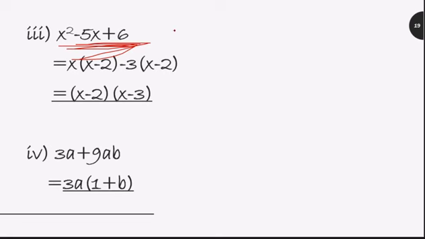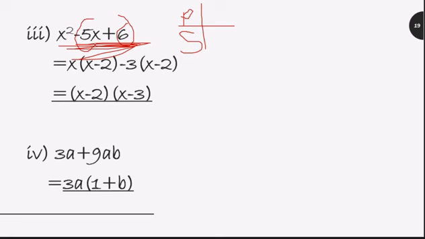When you look at this expression, they're asking you to look for two numbers such that when you multiply them, you get plus 6, and when you add the two numbers, you get negative 5.